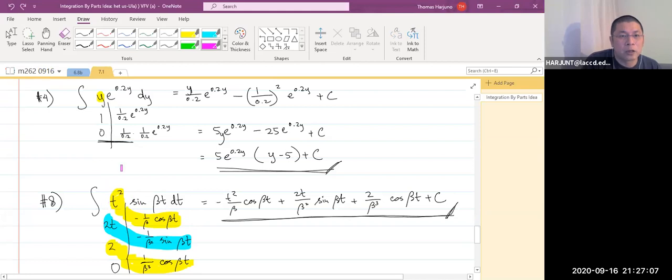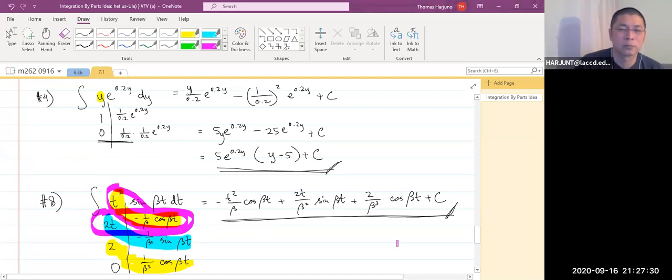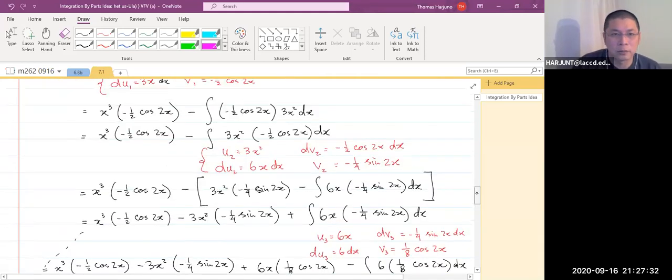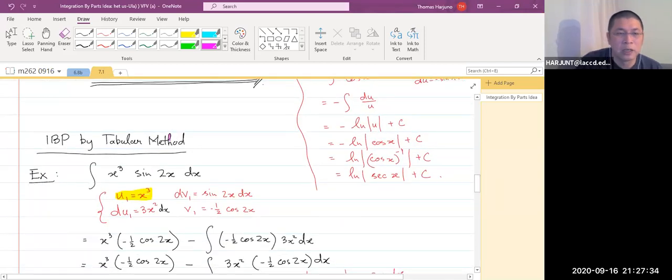The original integral here is equal to this guy without integral minus the integral here. Let's look back at this integration by parts example here.